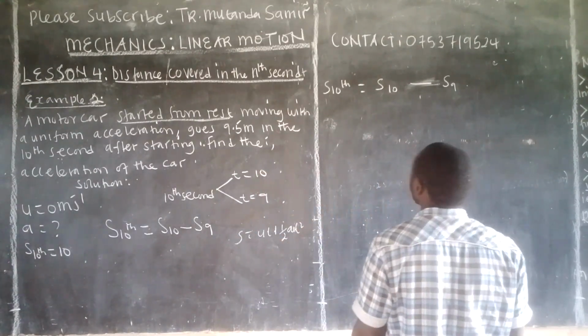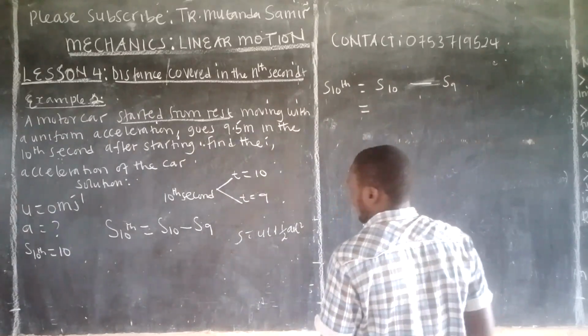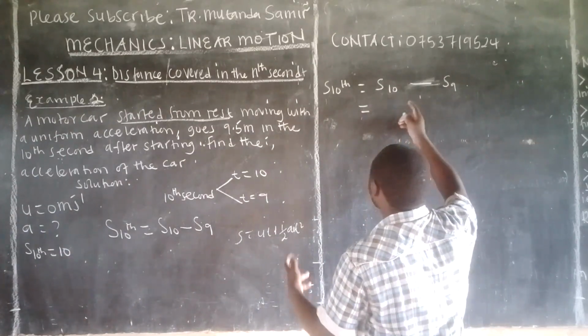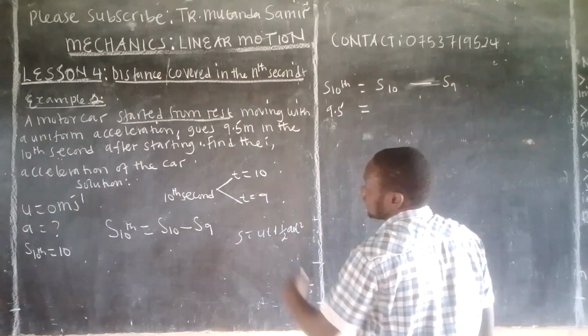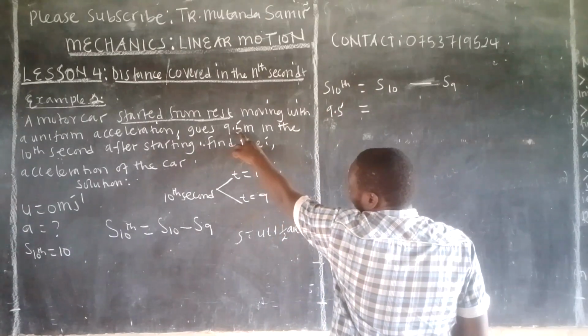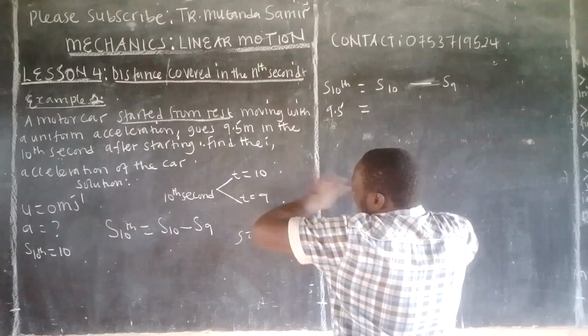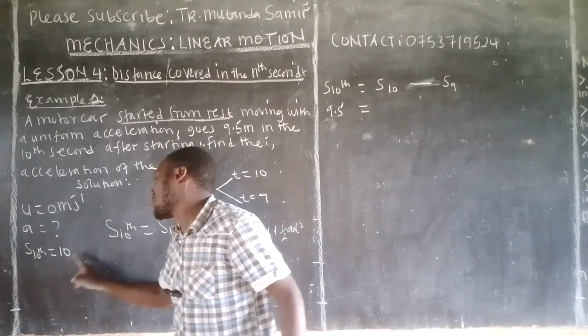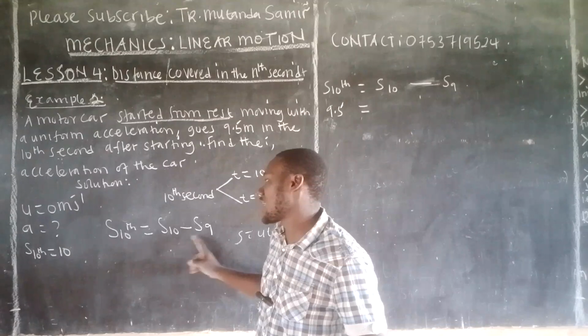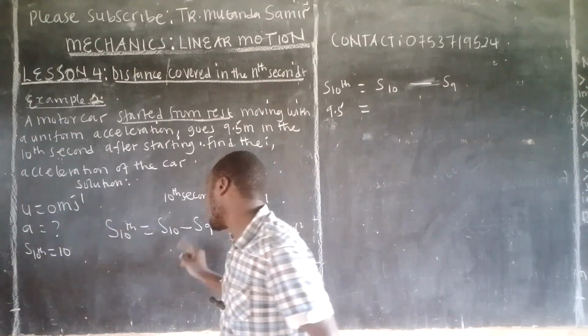Now S10th is 9.5. Please learn that. S10th, the distance covered in the 10th second, is S at 10 minus S at 9, so the 9.5 must be here. Then you start substituting the values.